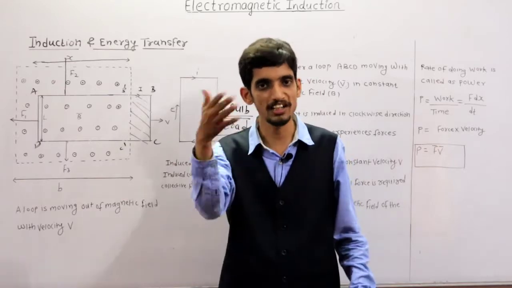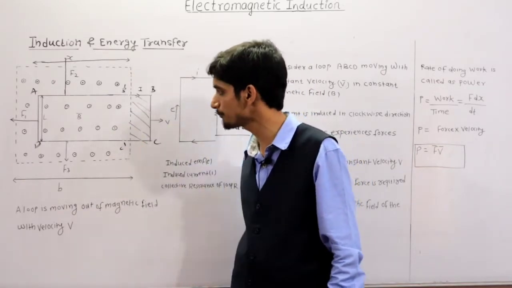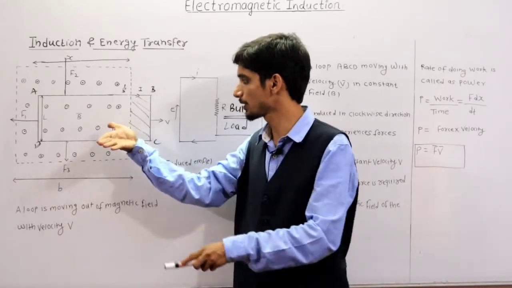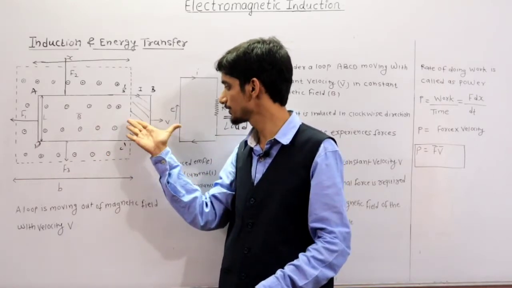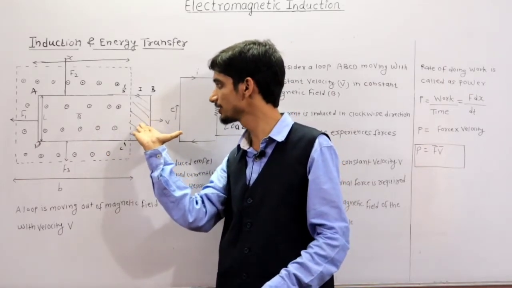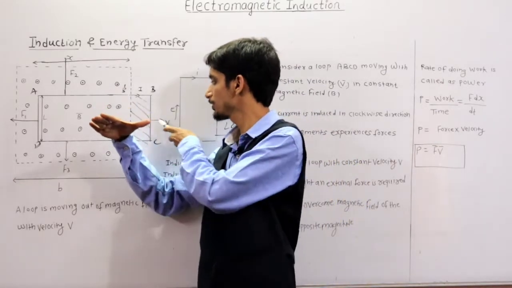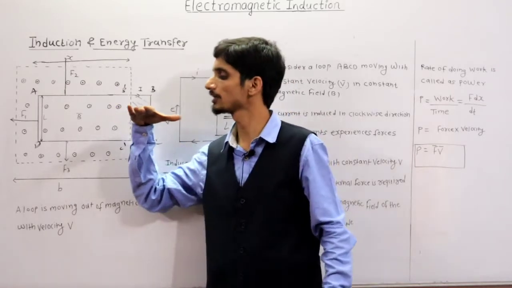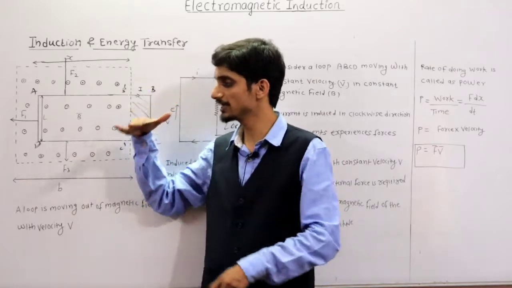In the right hand palm rule, if you take your right hand palm, this thumb indicates the movement of the rod, which is to the right side, then these fingers indicate what? The magnetic field, which is out of the board. Then this palm indicates what?